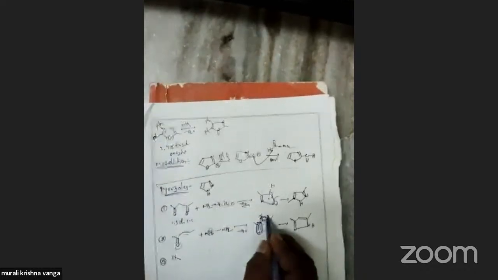The negative charge, the lone pair, the nucleophile attacks the beta position. That is the Michael addition reaction.